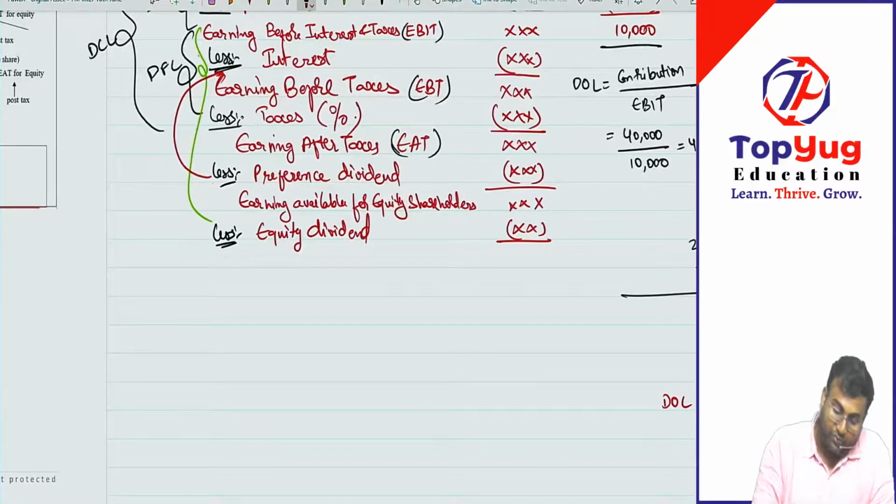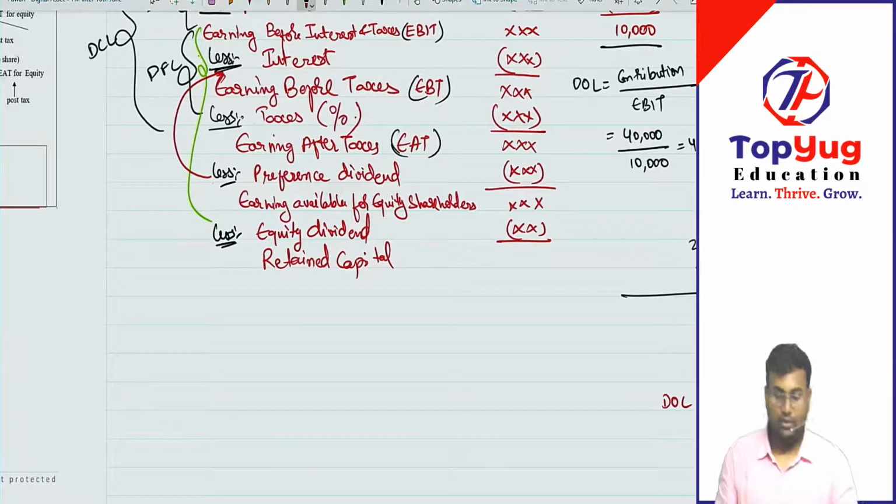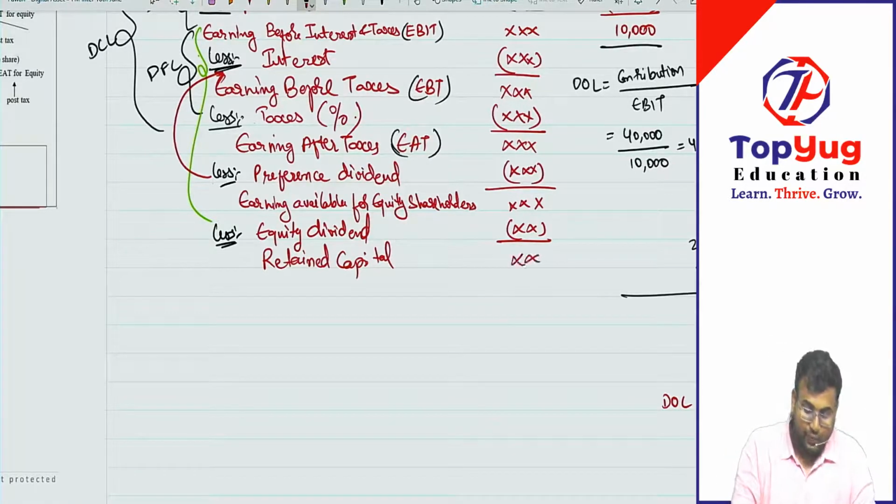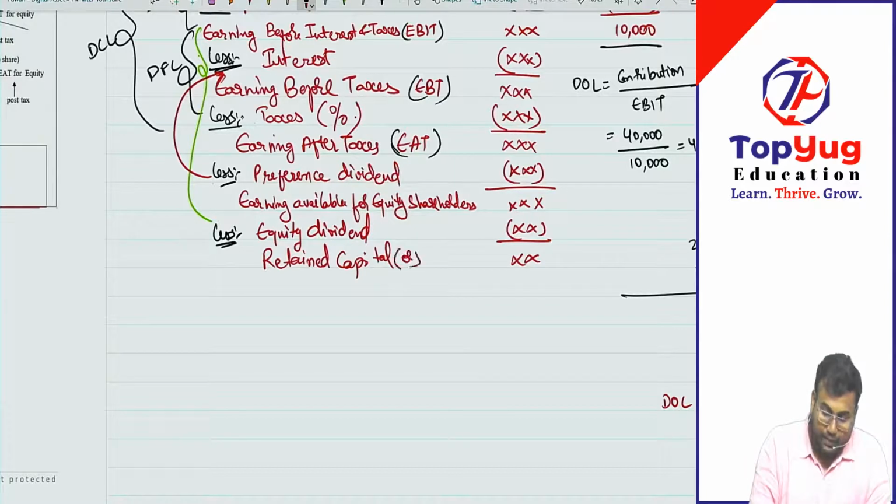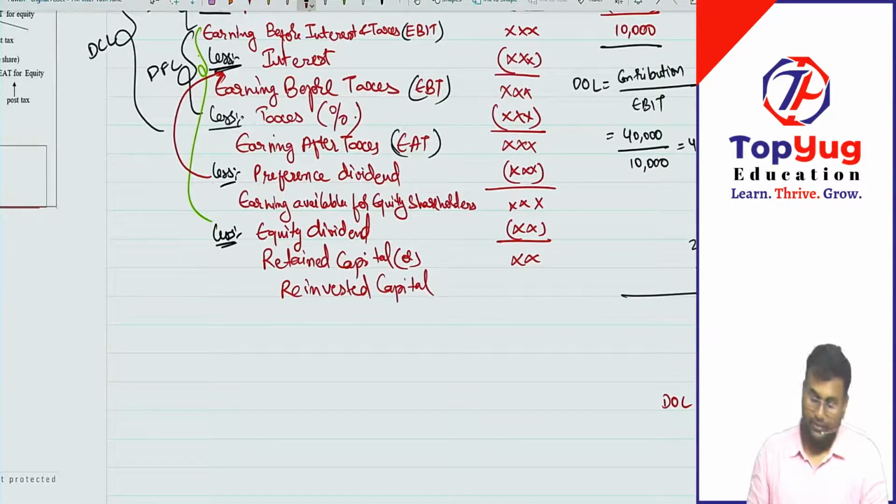What you will be remaining with? Retained capital, or you can also say reinvested in business. Reinvested capital. This is the money which you reinvested into the business.